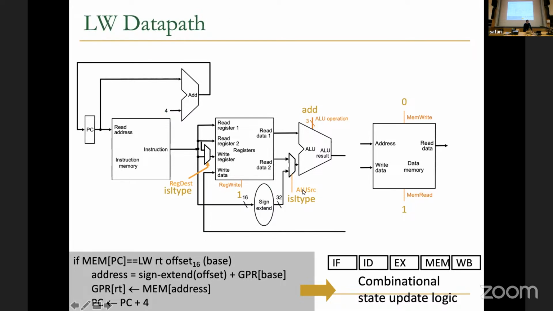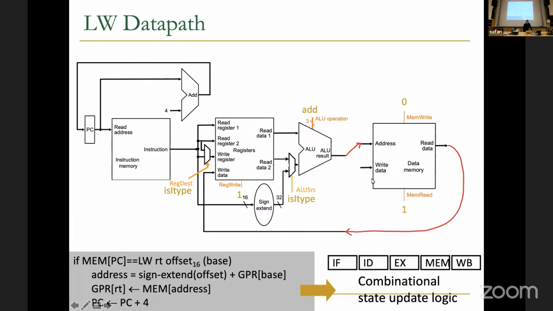So this control signal will be set when the load is executing. But now we use the address calculation, which happens as the general purpose register read from the first data port plus the sign extended immediate coming into the second input of the ALU. The result needs to get connected to the address port of memory, as you can see. That's what's needed for load. And the data that's read from memory should be connected to the write data port of the register file.